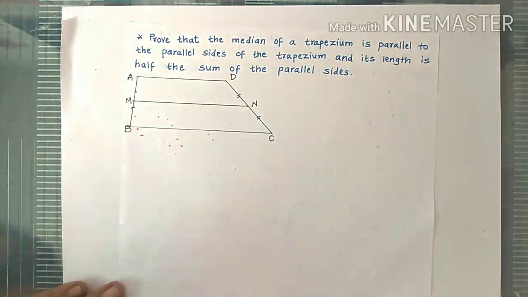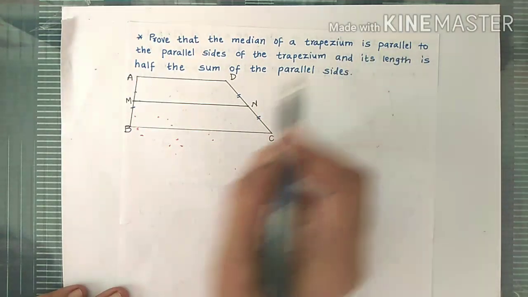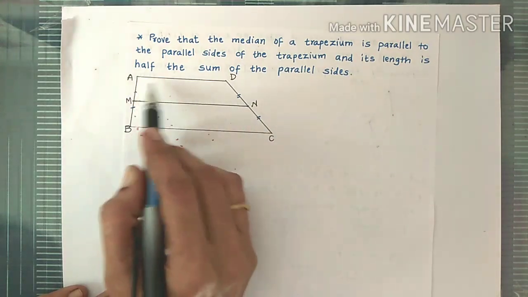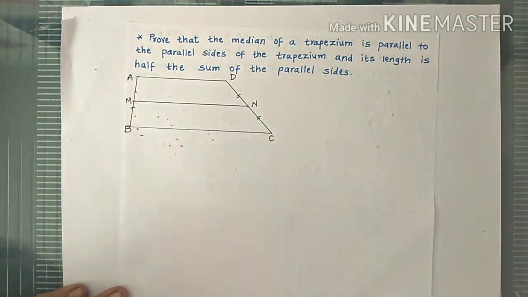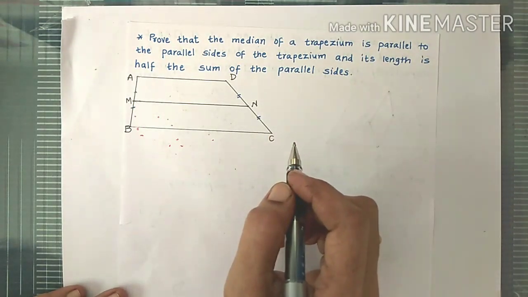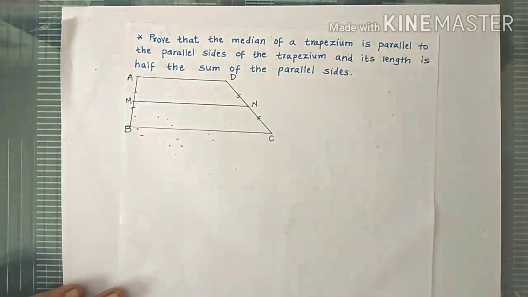So MN becomes median of the trapezium. So what we have to prove is median of the trapezium is parallel to the parallel sides. So median MN is parallel to AD and parallel to BC and length is half the sum of the parallel sides. And we have to prove that MN is equal to half AD plus BC.